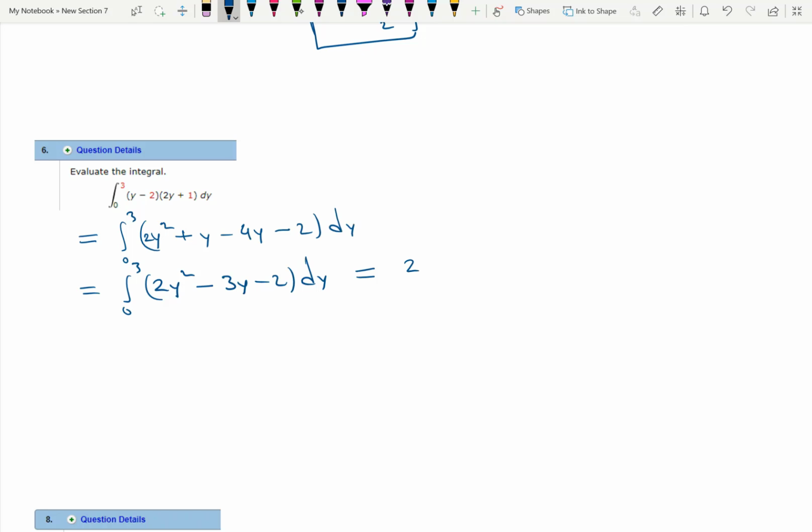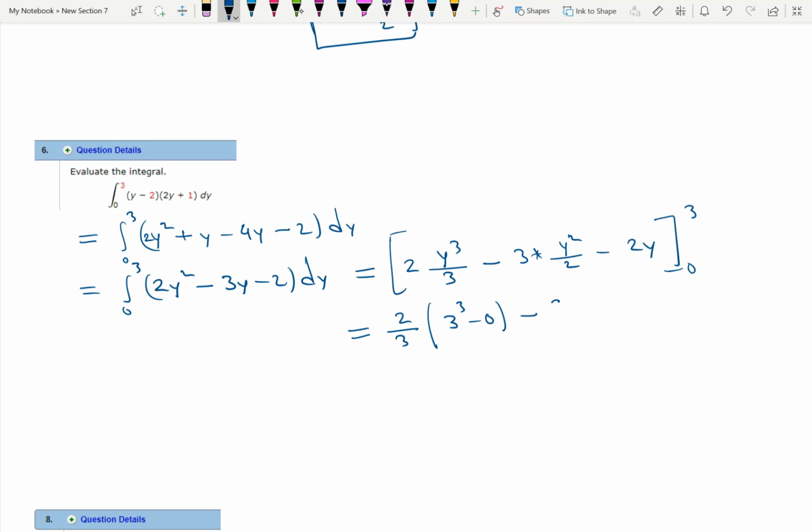So if we integrate, it becomes 2y cube over 3 minus 3 times y square over 2 minus 2y. So 0 to 3, and 2 over 3, 3 cube minus 0, minus 3 over 2, 3 square minus 0, minus 2, 3 minus 0.